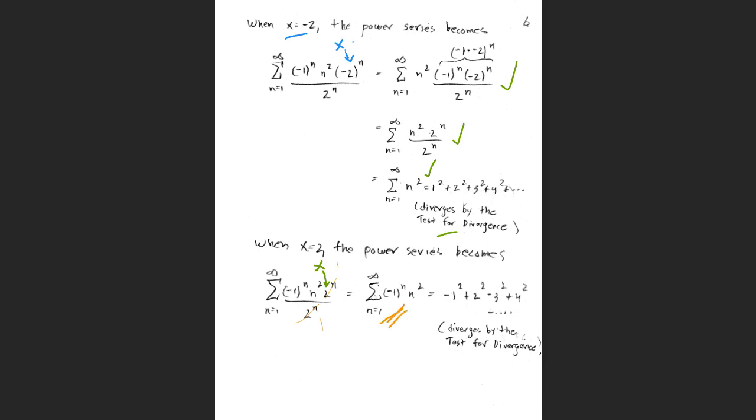But that series also diverges by the test for divergence. It's -1 squared plus 2 squared minus 3 squared plus 4 squared and so forth. That series is never going to settle down. And this is what you have to do for these problems that you're going to see from section 8.5. Are there any questions on that?